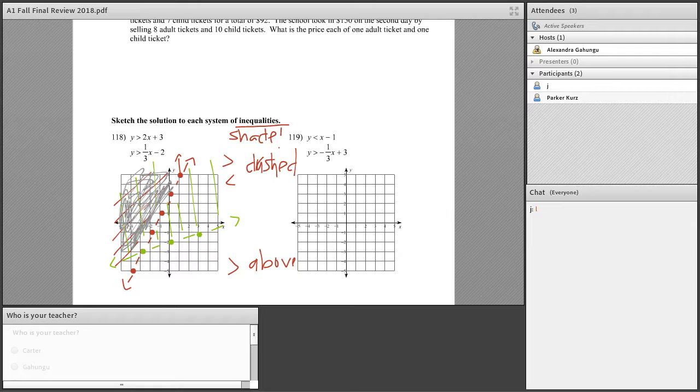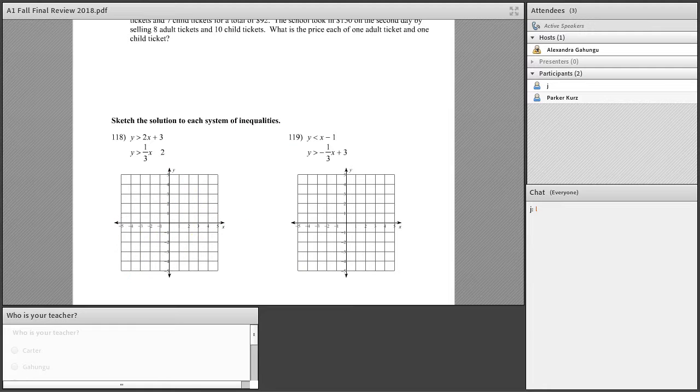Graphing, solving. Okay, so these are the same in that you have to still graph this, but when you have your inequalities, you will be shading. So we got to figure out where we're shading. We'll start with this color.